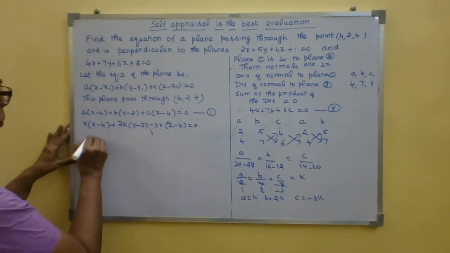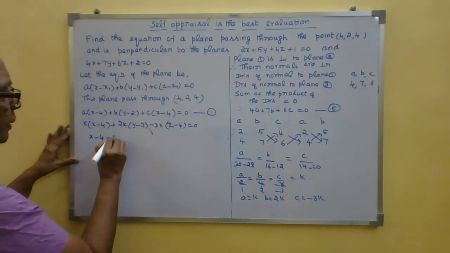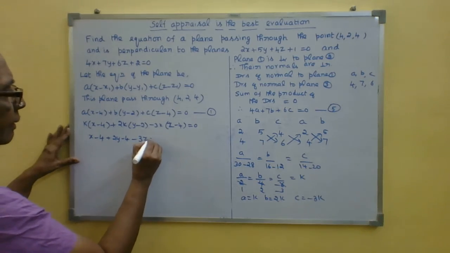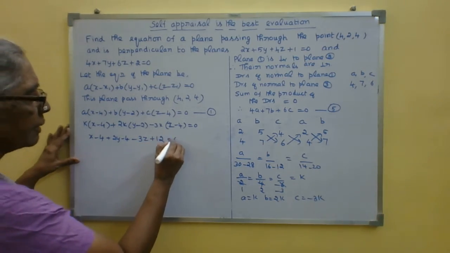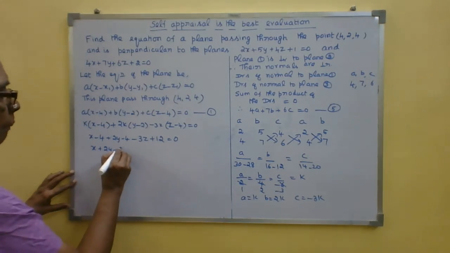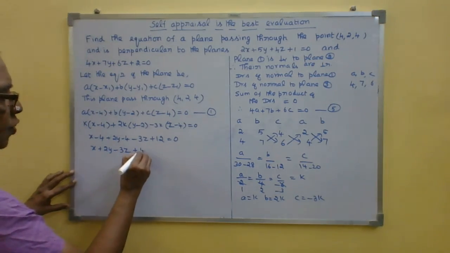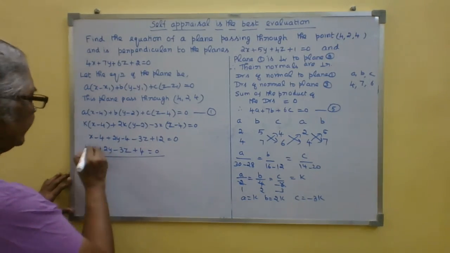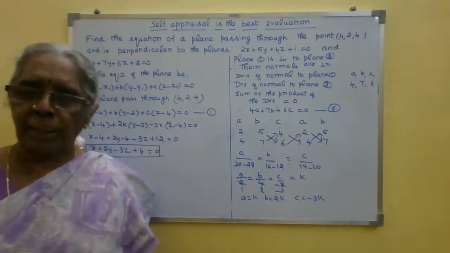So you will get now x minus 4 plus 2y minus 4 minus 3z plus 12 is equal to 0. So x plus 2y minus 3z plus 4, minus 8 and plus 12, that is equal to 0. This is the equation of the required plane.